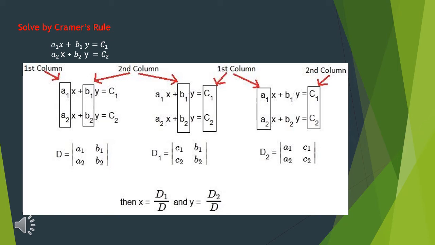So write in columns c1, c2 and b1, b2. Again find the value of determinant D2, also called dy, equal to, write in columns a1, a2 and c1, c2. After finding the value of three determinants, we can find the value of x and y. So write x equal to D1 upon D and y equal to D2 upon D.